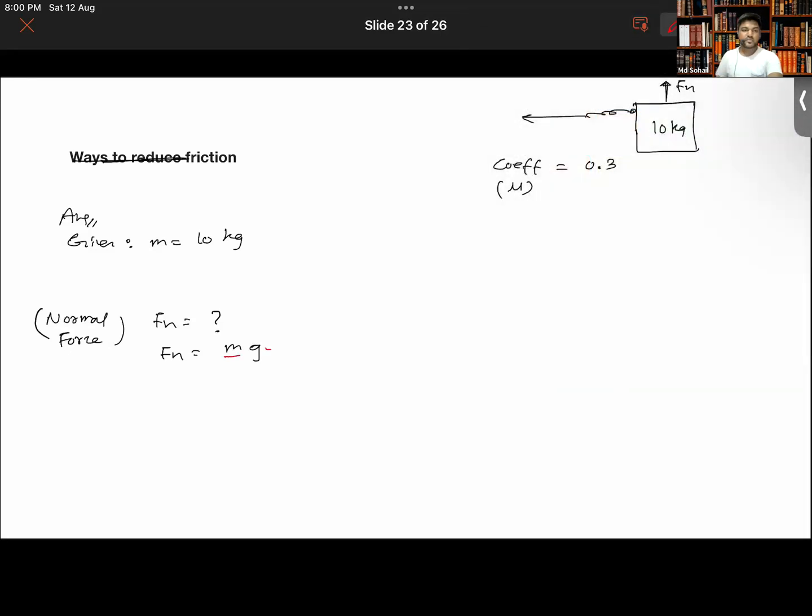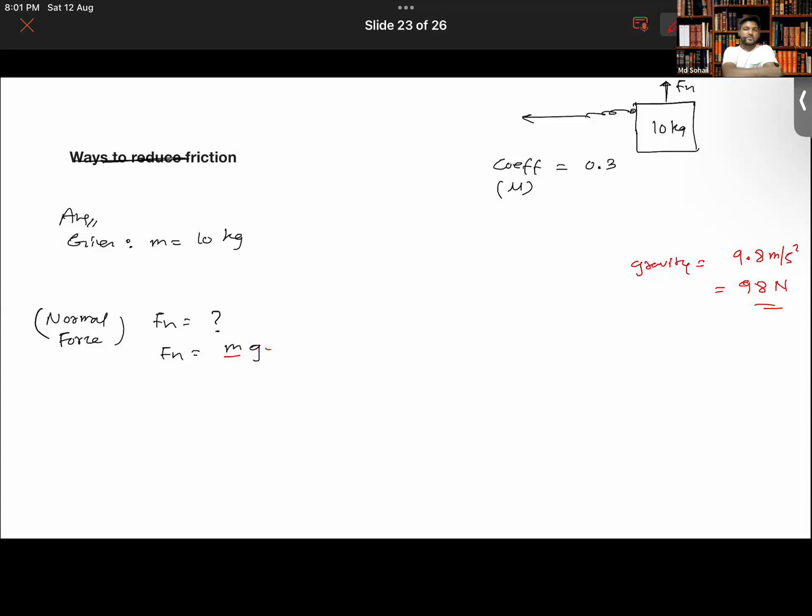G is 9.8 meter per second square, the gravity of Earth. Or we can simply call it 9.8 in terms of Newton also. It will simply be 98 Newton. So the normal force we can calculate easily.